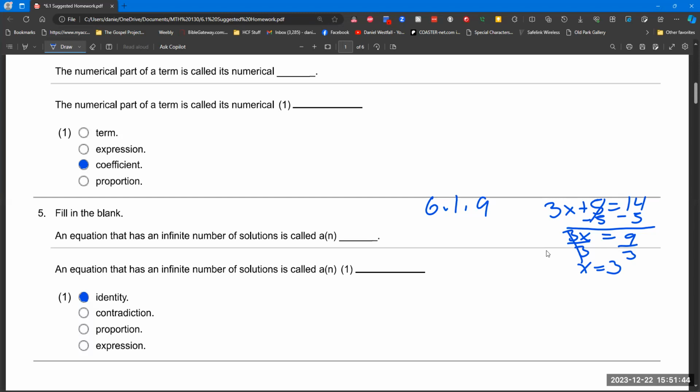Right? So I could have something that's a contradiction, such as this. And if I tried to get my x's on the same side to solve, I get something that says 1 equals 0, and that is always false, which makes this a contradiction.